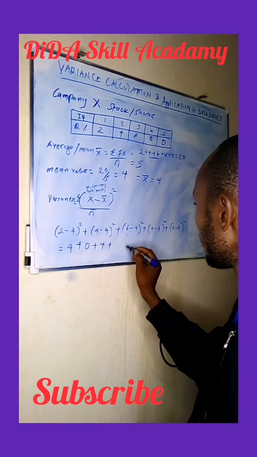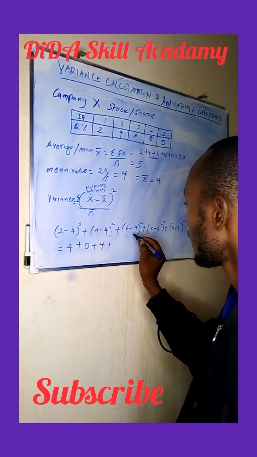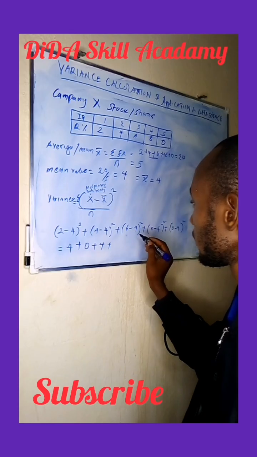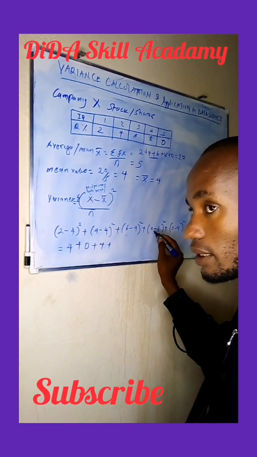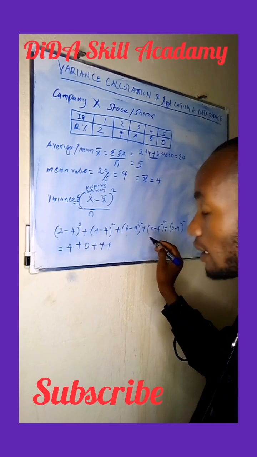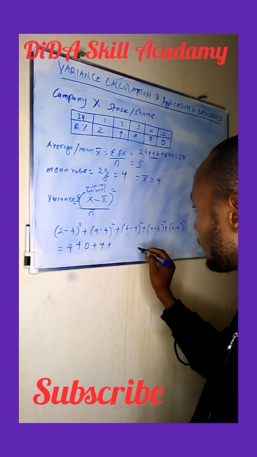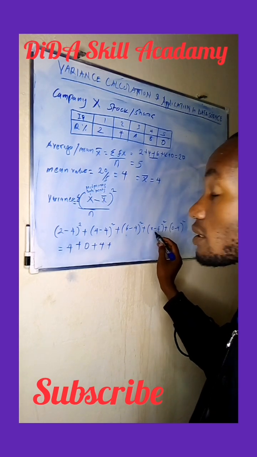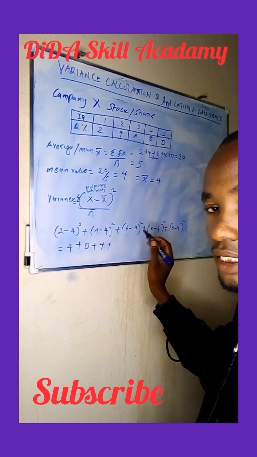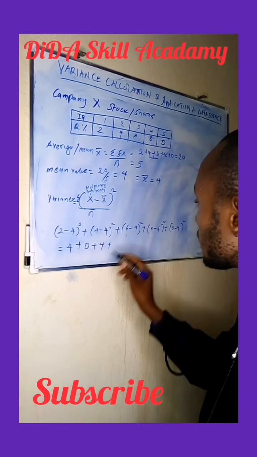Then we'll have 8 minus 4, which is 4, and the square of 4 is 16.